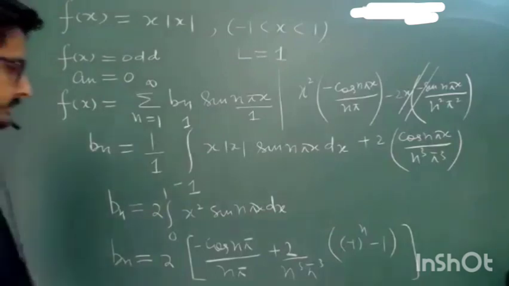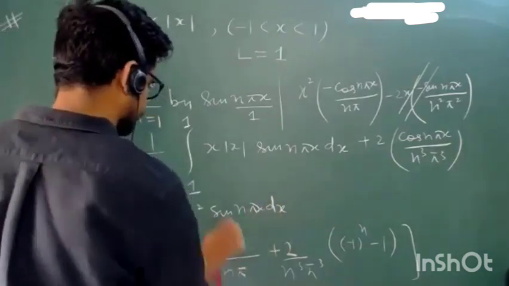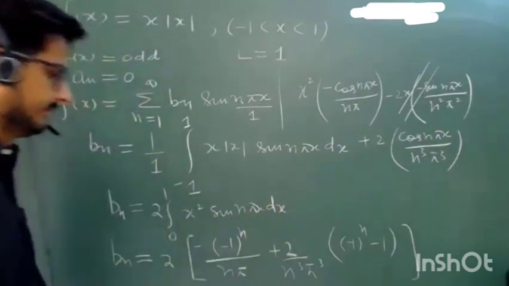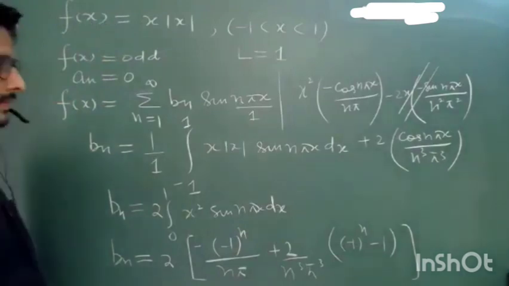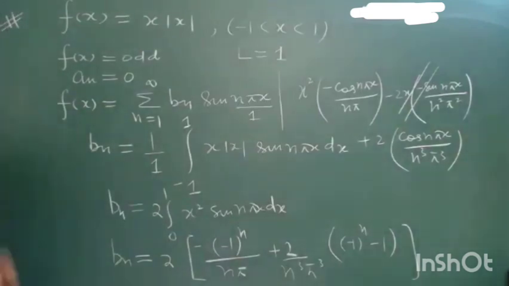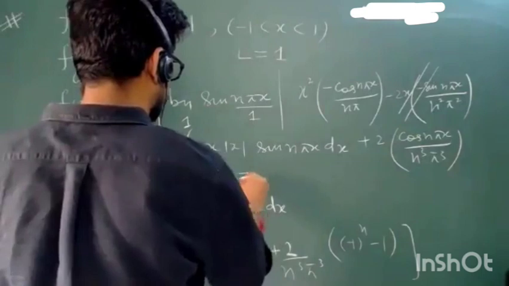And this will also become minus 1 to the power n. Every step is clear? So this is the value of b_n, so can we write a few terms? For example, what will be b1 from this?